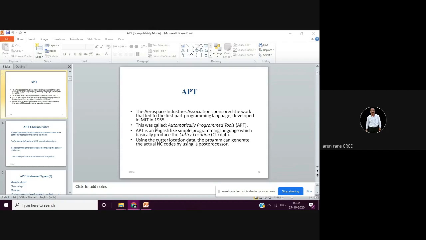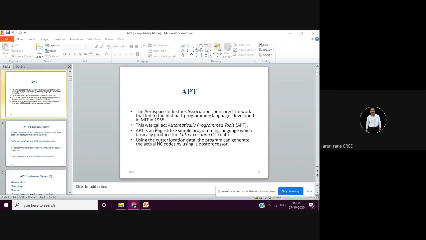Once the APT program is generated, you have to select the post processor. Post processor means you have done all the processing and machining operations, and now you have to generate the G codes and M codes for a particular control.